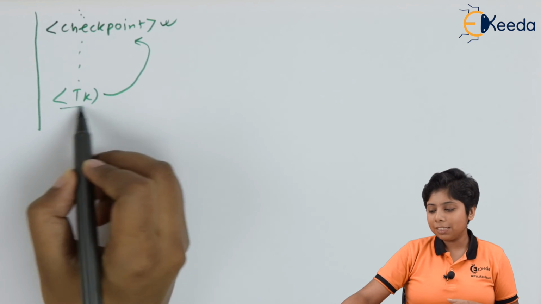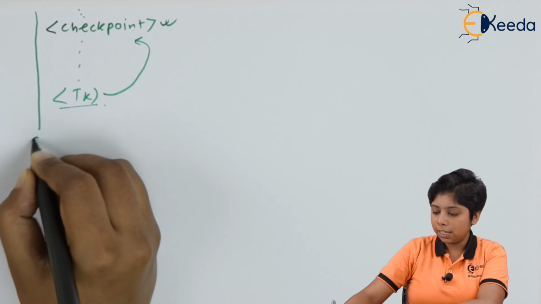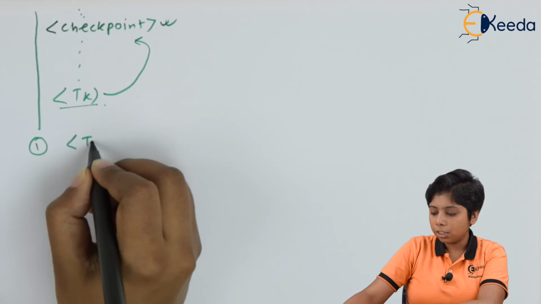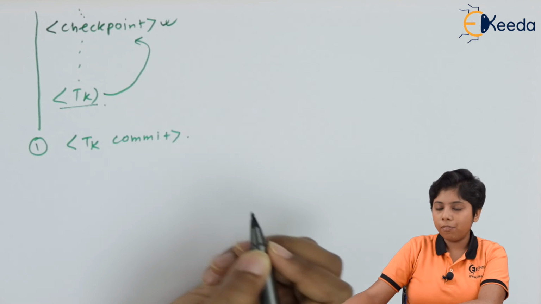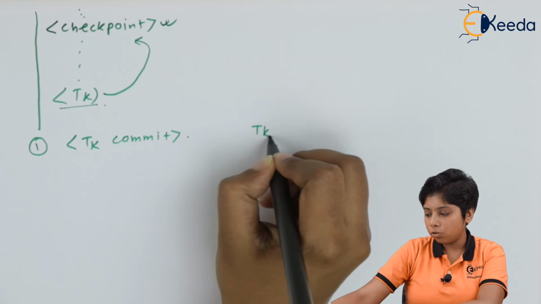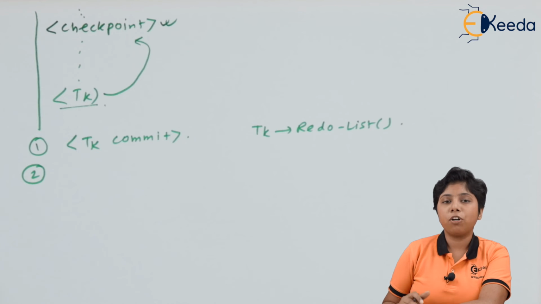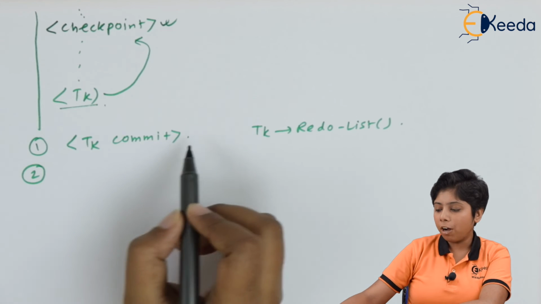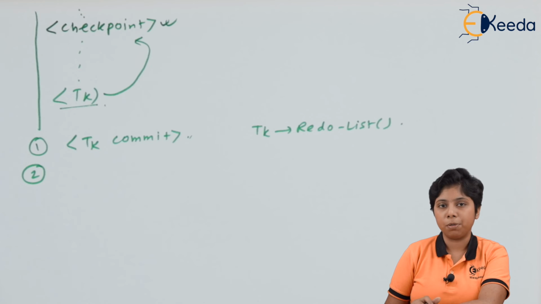Now if we find TK in the format of TK commit, then we put TK into our redo list, because the transaction has completed successfully. Then we check the next one.